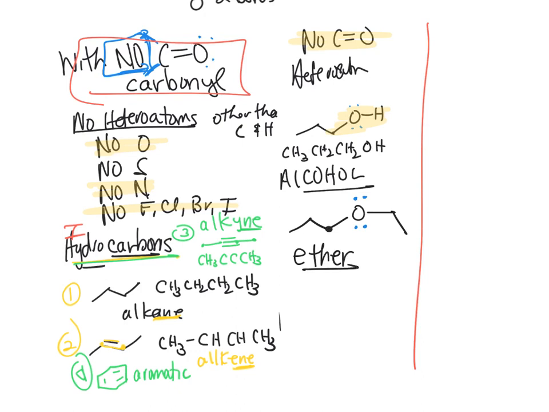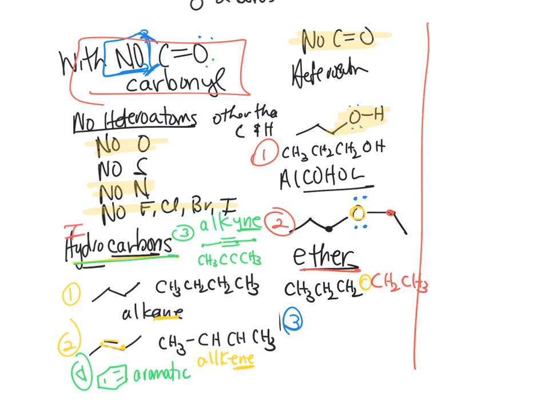You can see the carbon over here and the carbon over here. If you wrote that out, it'd be CH3, CH2, CH2, here's your oxygen, and then CH2, CH3. So that's an ether. And then you could have a nitrogen.